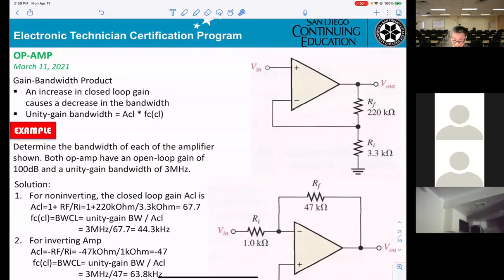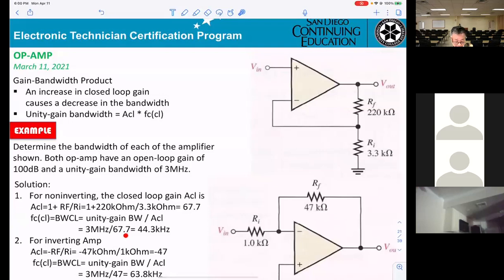Let's see the solution. Number one, for the non-inverting amplifier, the closed loop gain ACL equals 1 plus RF over RI, which gives you 67.7. To calculate the bandwidth FC, the unity gain bandwidth, 3 megahertz, is divided by ACL, 67.7.